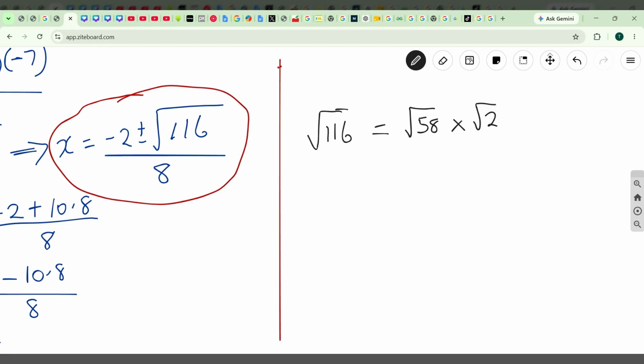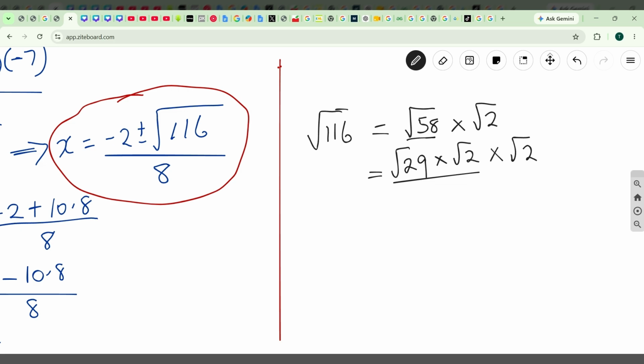And square root of 58 can also be written as the square root of 29 multiplied by the square root of 2. Square root of 58 is square root of 29 multiplied by the square root of 2. Okay, just watch how I'm trying to break this down.